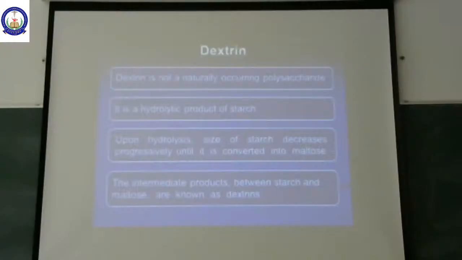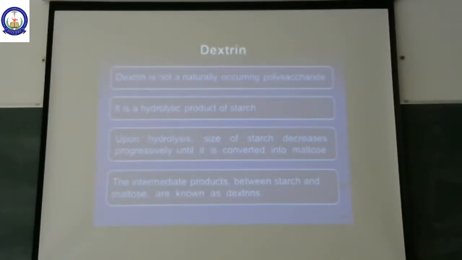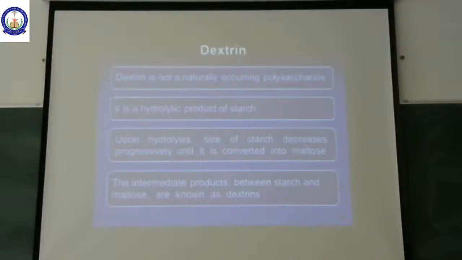Next is dextrin. It is not a naturally occurring polysaccharide, but it is a hydrolysis product of starch. Upon hydrolysis, the size of the starch decreases progressively until it is converted into maltose.